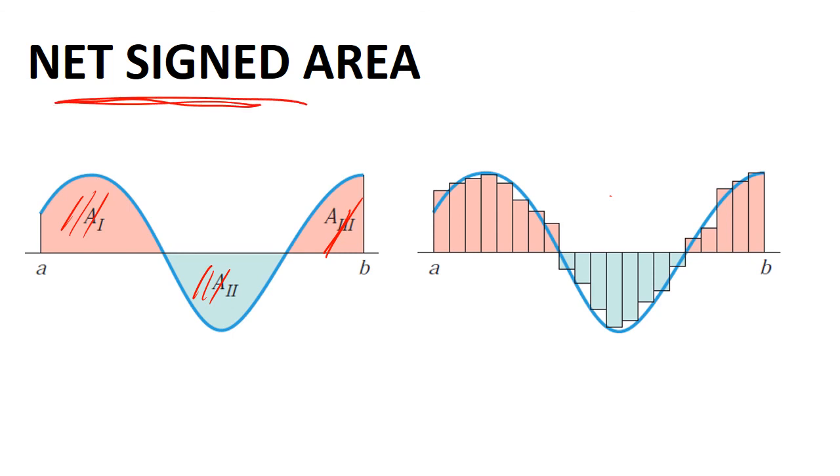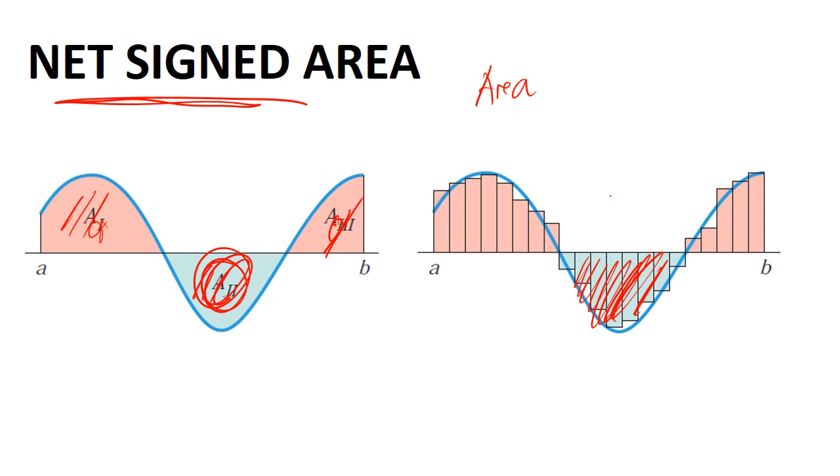Ibig sabihin, kinukonsider mo yung symbol or sign ng area kung positive man o negative. Okay? Iba kasi yung pag sinabi mo lang na find the area, ibig sabihin, kunin mo yung absolute value nito, plus ito, plus ito, and you get a positive.